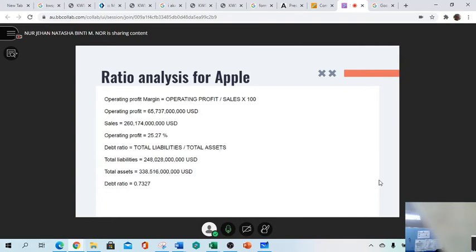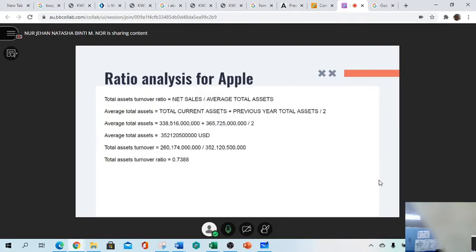Okay, the debt ratio is 0.7327. The total liabilities are 248,028 million USD, and the total assets are 338,560 million USD. So we get a debt ratio of 0.7327.